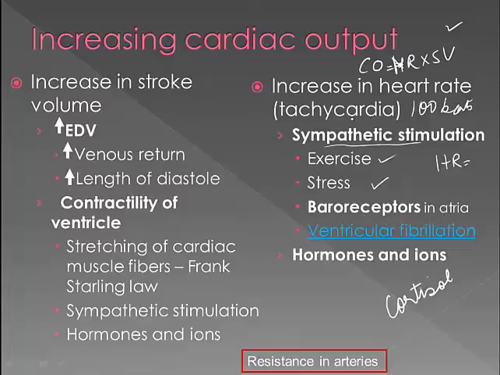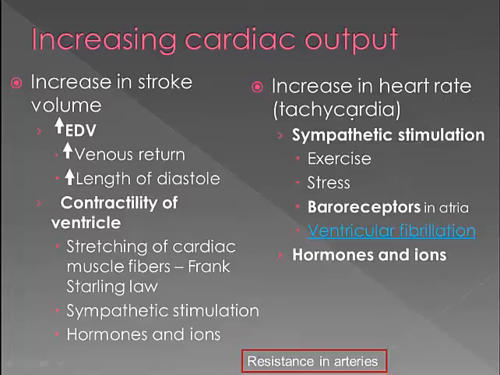And then we have certain receptors present in the walls of the atria, and these are known as baroreceptors, and these are pressure receptors. So what happens is that whenever the pressure inside the atria is more than normal, for example, if you have an increased venous return, the atrial chamber will fill.